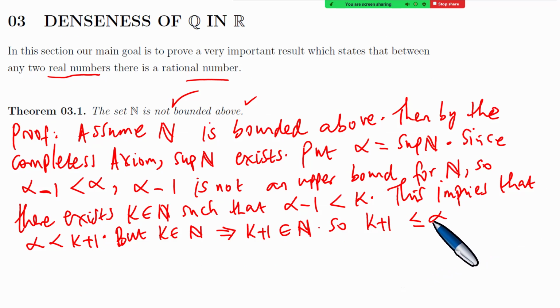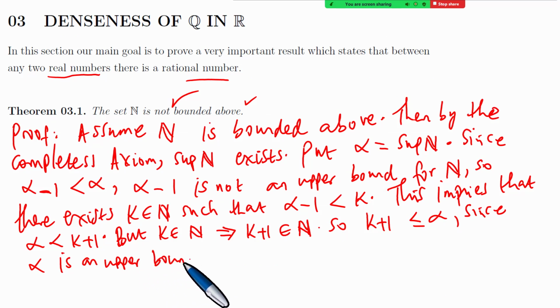Okay, we shall have just a synopsis of this. This is true since alpha is an upper bound for n. We said that alpha is an upper bound because of the LUB least upper bound property.